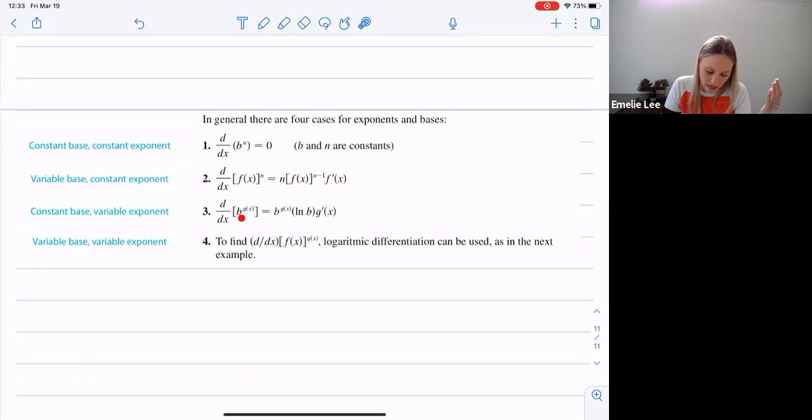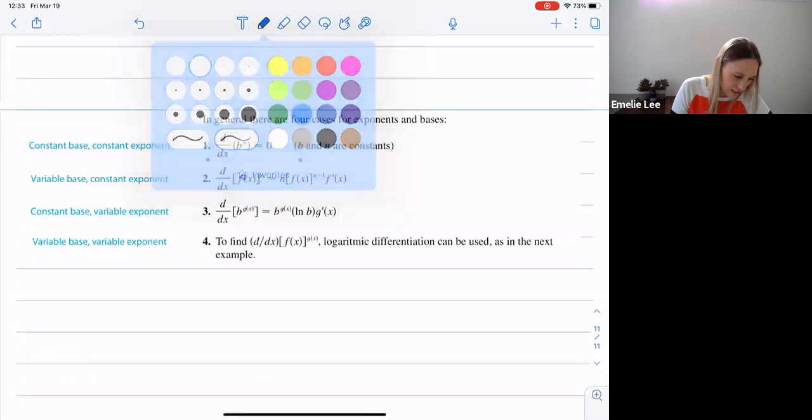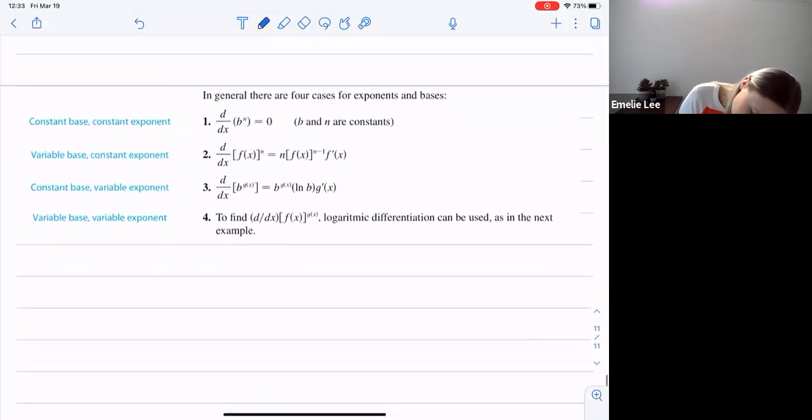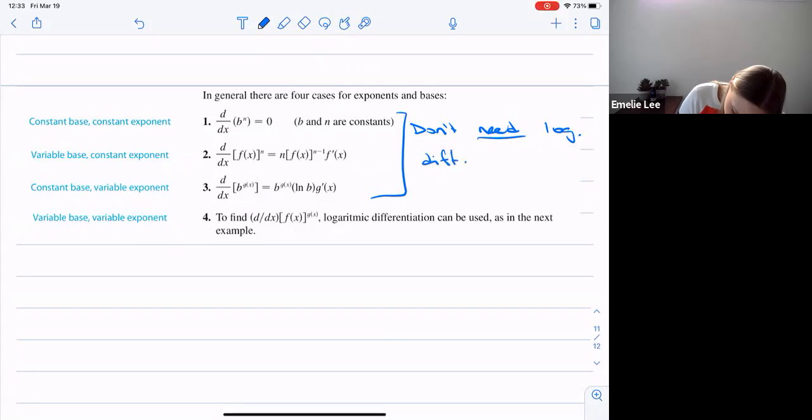And lastly, if you have b to the power of a function, which we dealt with last day, maybe the day before, you can still solve that without logarithmic differentiation. For these situations, you don't need logarithmic differentiation. And there's an H missing, logarithmic.